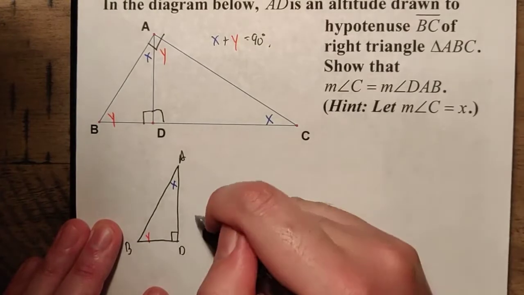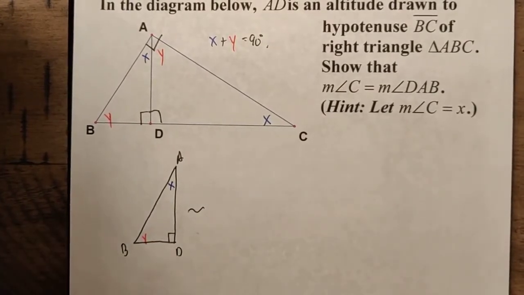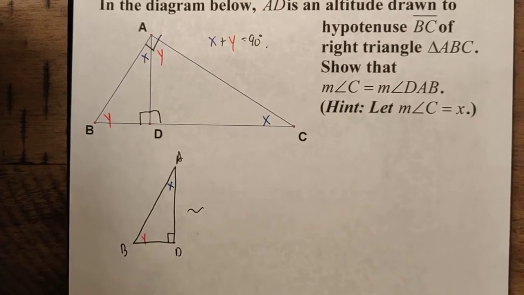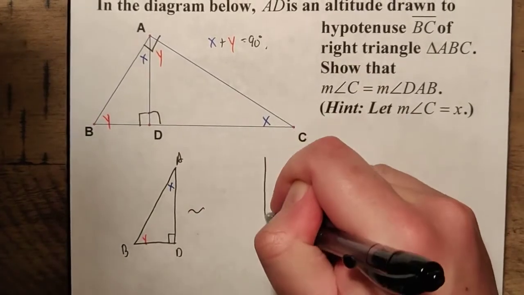So what I'm going to do is redraw all the triangles that have this spread of angles, a right angle, an X, and a Y. Well, triangle ADC does that too, right? So I can go ahead and draw this.